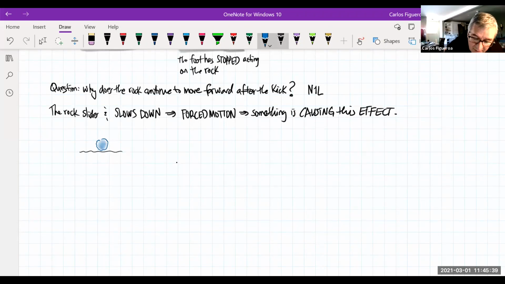When I'm looking at this, I'm going to try to isolate this rock. That means I'm going to put a dashed line and ask the question, within that dashed line, what are the forces acting on this system?